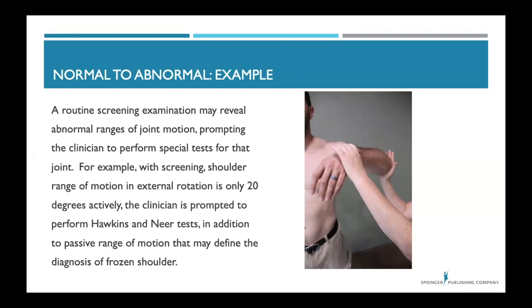So in a routine screening exam, range of motion, external rotation is only 20. Well, we know that that's not normal. It should be 30, 35. So that prompts the clinician to do more. Perform a Hawkins and Neer test, in addition to passive range of motion, that might be able to help define frozen shoulder. So in order to understand the abnormal, we start with the normal. Really a different focus.